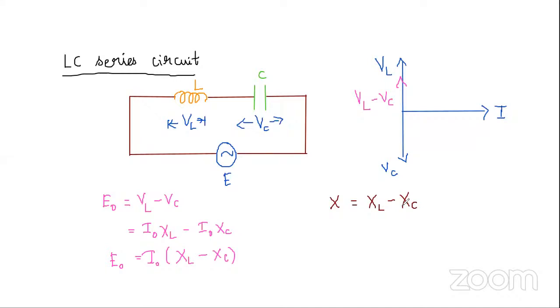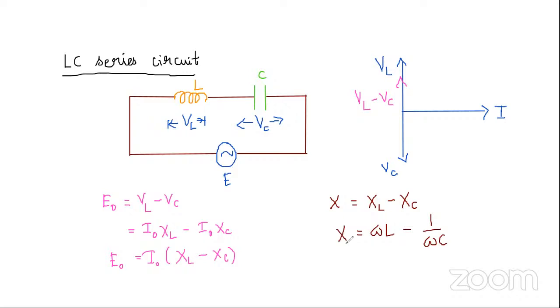Both will offer some resistance to the flow of AC. So what is the net resistance offered by this combination? That is XL minus XC. XL you know very well, that is omega into capital L, minus XC is 1 by omega into capital C. So this is the expression for the total reactance X.